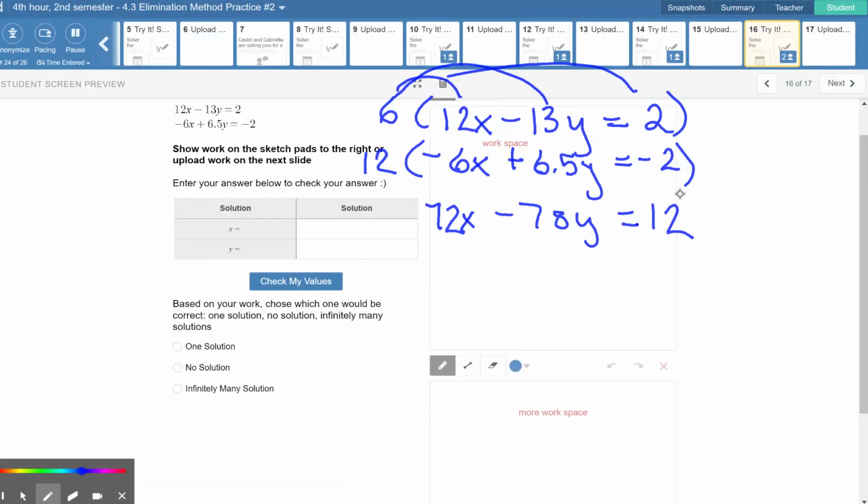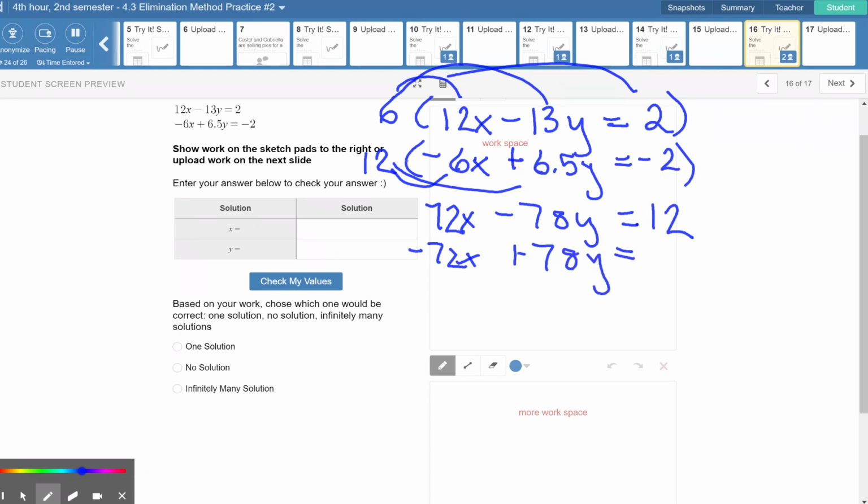Now 12 times a negative 6 gets you negative 72x. Now 12 times 6.5 gets you a positive 78. Once again, don't forget that y value.